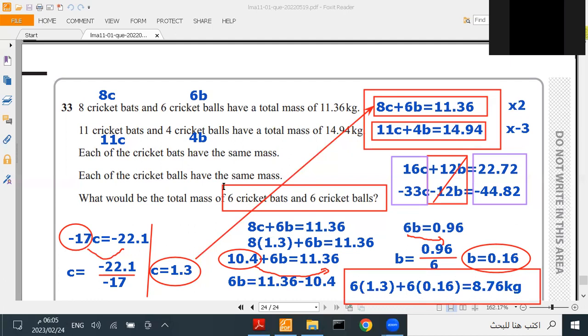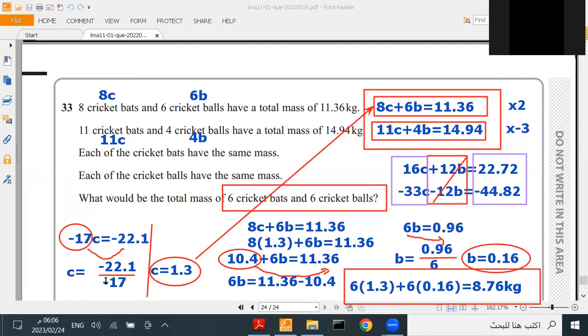What I want you to focus on is that a question like this is important and comes up often, and it is simultaneous equations. You have to understand how to do it. First thing, you find an equation. You use this information to find equations, and then you try to make one of the values or one of the variables the same value but different signs by multiplying by different numbers. Okay. After that, you can eliminate it, and after elimination, you add the ones that are left.